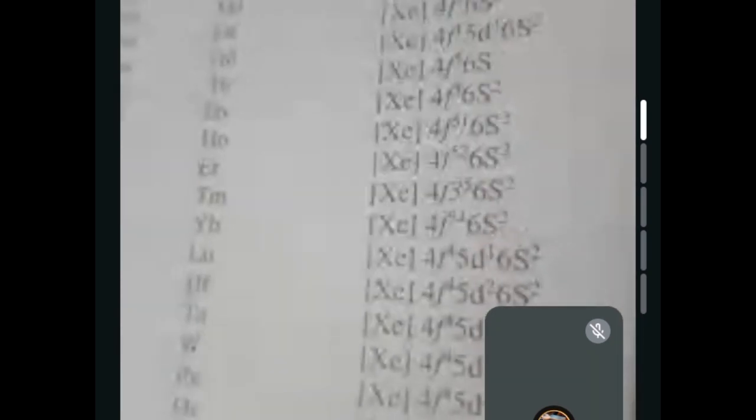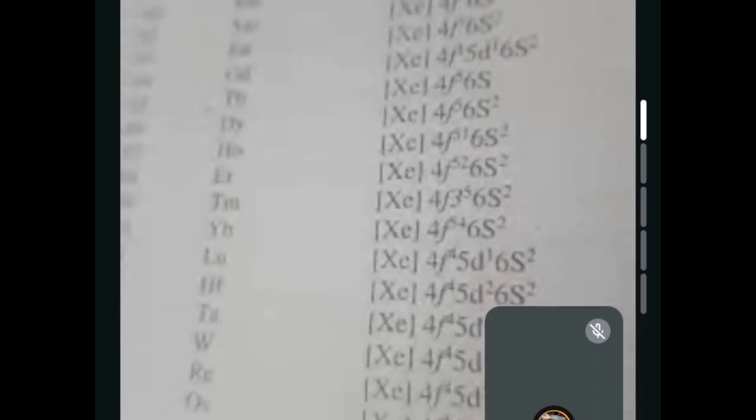If I want to write the electronic configuration of calcium now, I cannot go and use He, since there is another noble gas after He, which is argon, before calcium. So I'll just use argon. That's what they are doing. They cannot write the electronic configuration of an element with a very high atomic number using something that's not close to it.